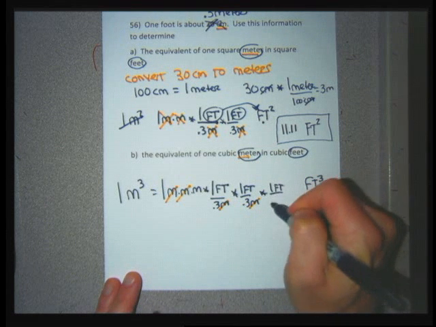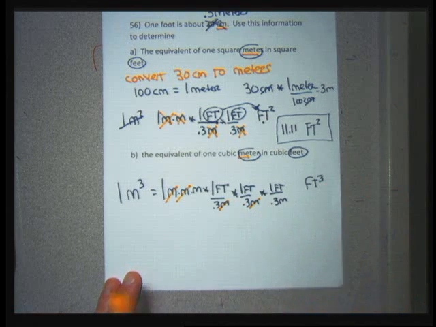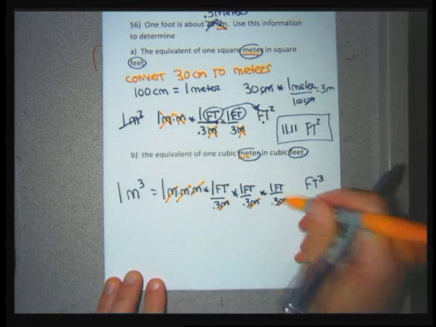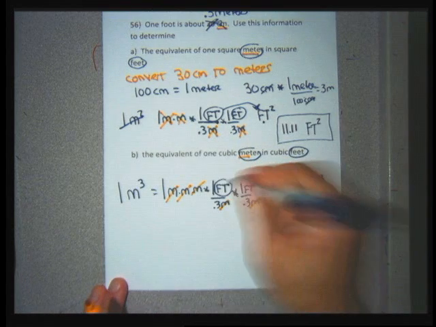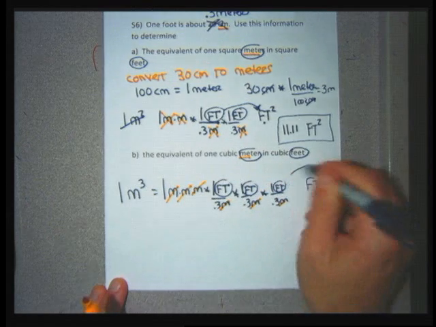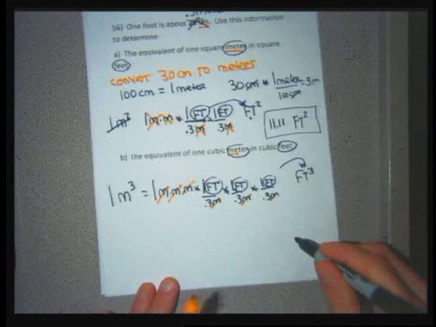And then the last time, I'm going to cancel again. And then what's left in terms of units is feet times feet times feet. That's going to give me the feet cubed that I'm looking for.